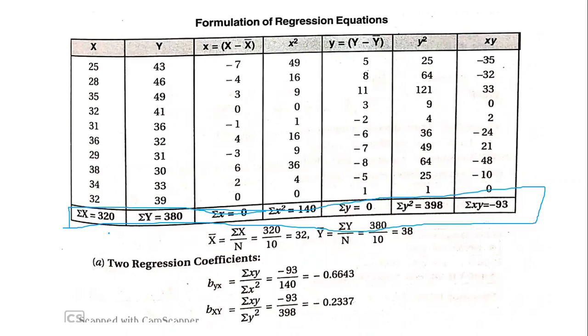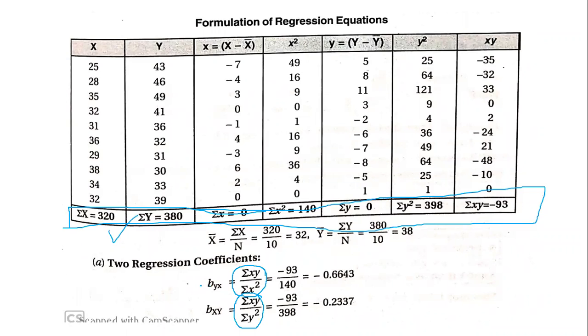So based on the data, the formula for the regression coefficient will be sigma xy by sigma x square for byx, and sigma xy by sigma y square for bxy. Okay, so this is the formula we will be using.